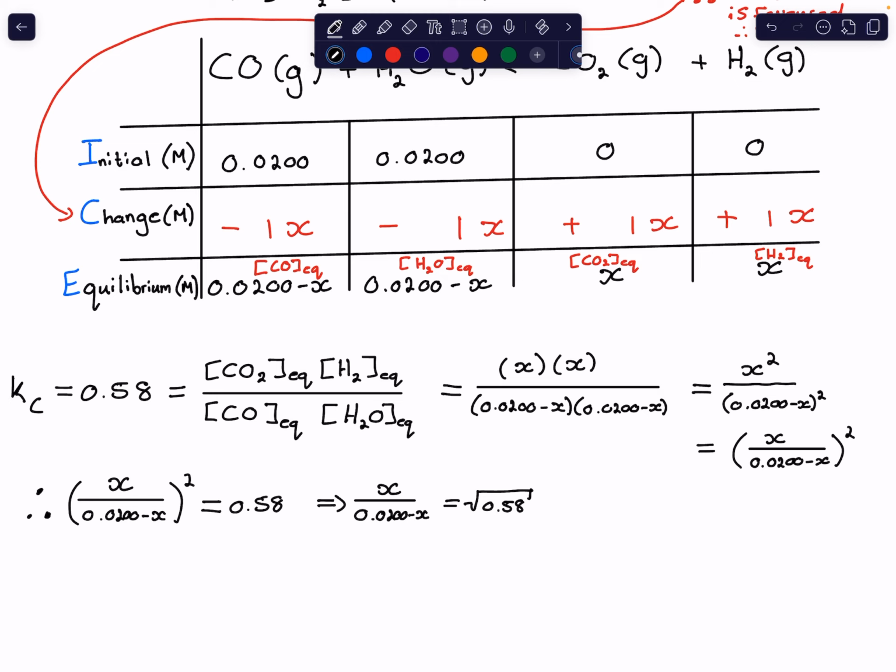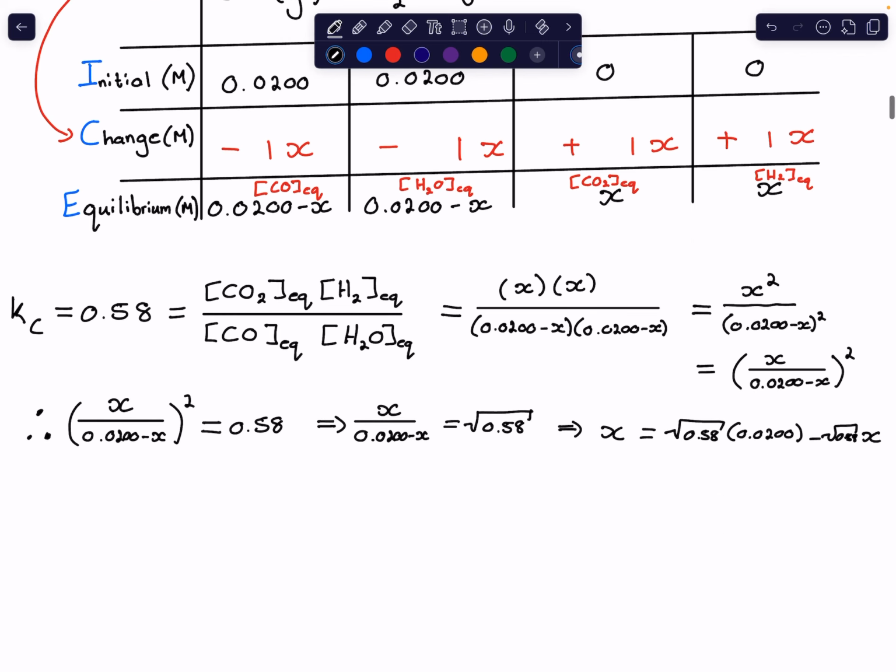And now it's a bit of algebra. So then you should get x equals the square root of 0.58 multiplied by 0.0200, and then minus the square root of 0.58 multiplied by x.